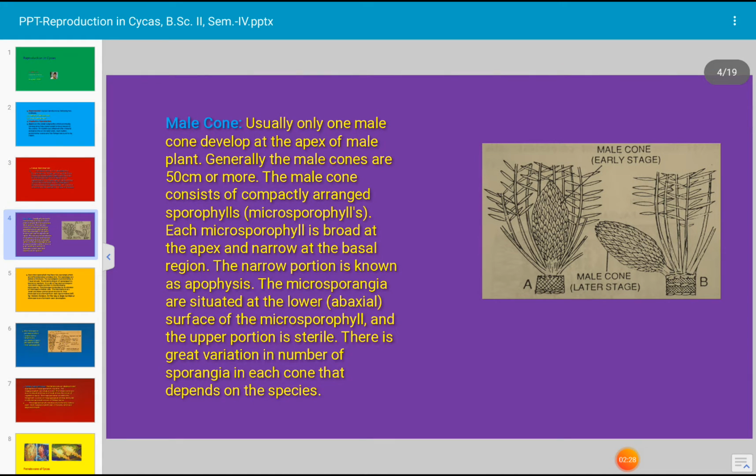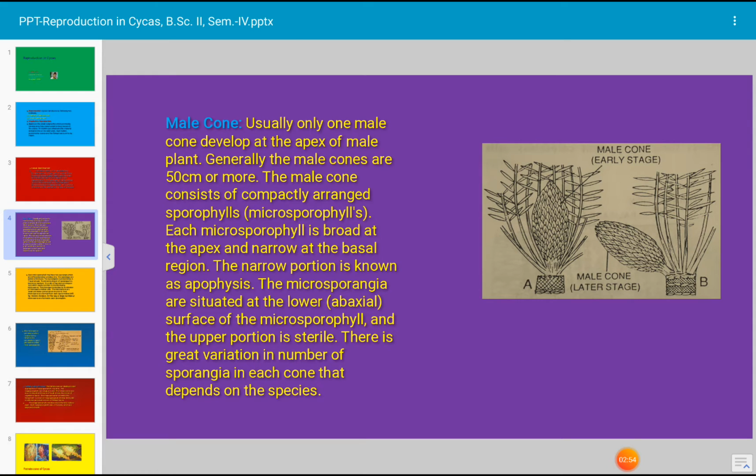Next, let us see the details of the male cone of cycas. Usually only one male cone develops at the apex of the male plant, and generally the male cones are 50 cm or more in size. The male cone consists of compactly arranged sporophylls.